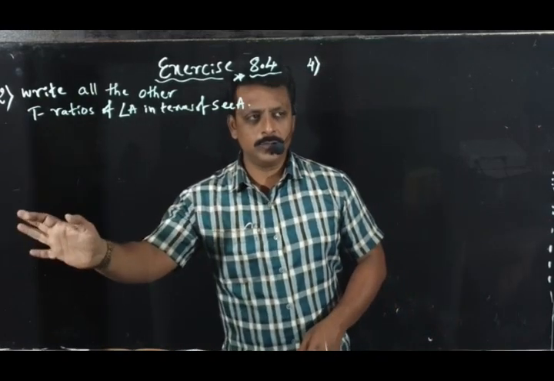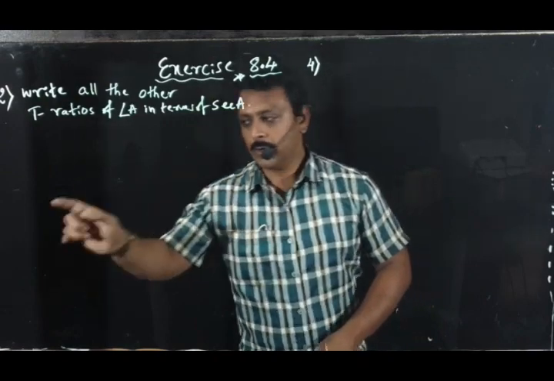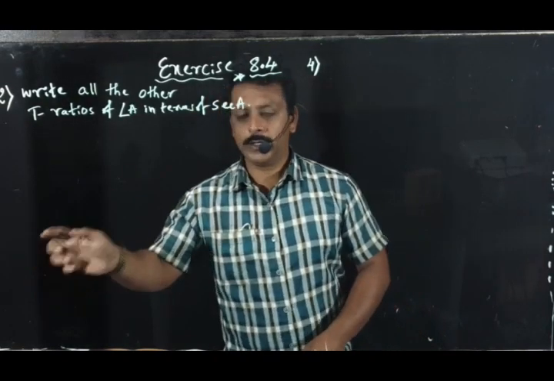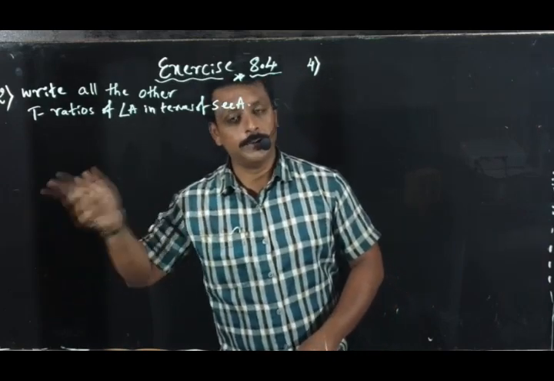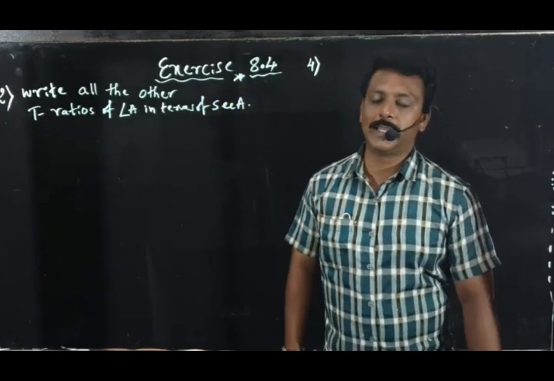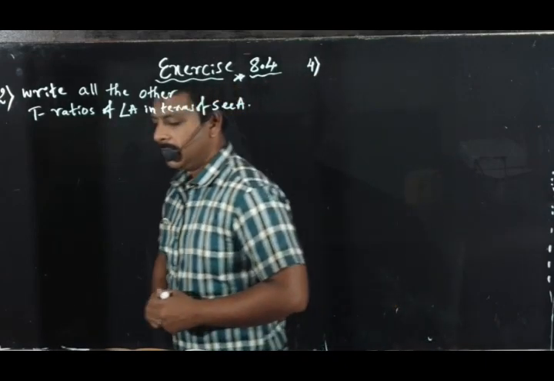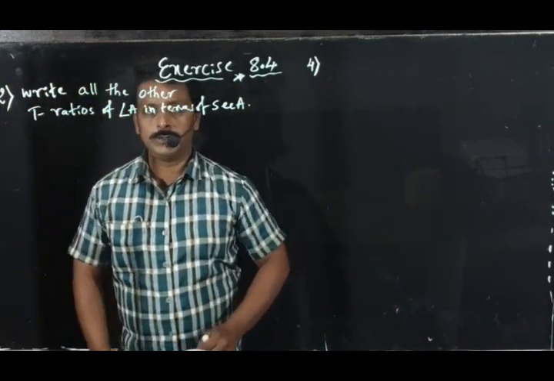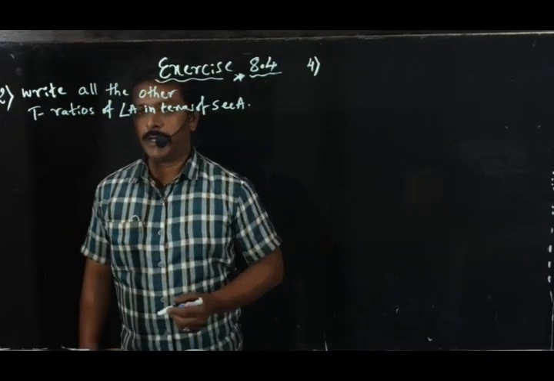Means sine also in terms of sec, cos also in terms of sec, tan also in terms of sec, cosec also in terms of sec, and last one cot also in terms of sec. For that, you should know everything about the relationship of all trigonometric ratios.